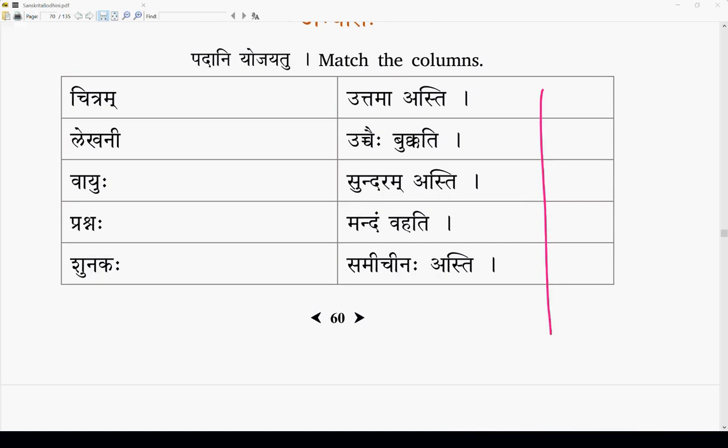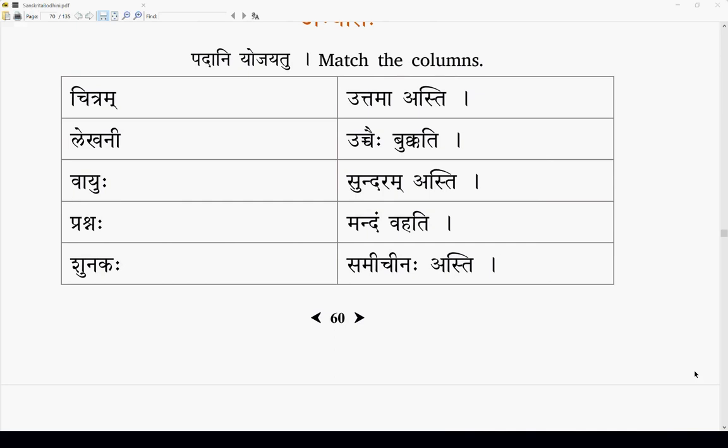Chitram, kimusti, chitram. Uttamamasti. Sundaram. Sundaram. We also need to look at the visheshanam, lingam, vachanam, vibhakti here.